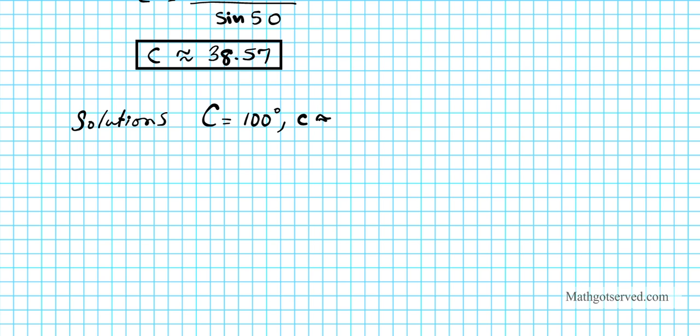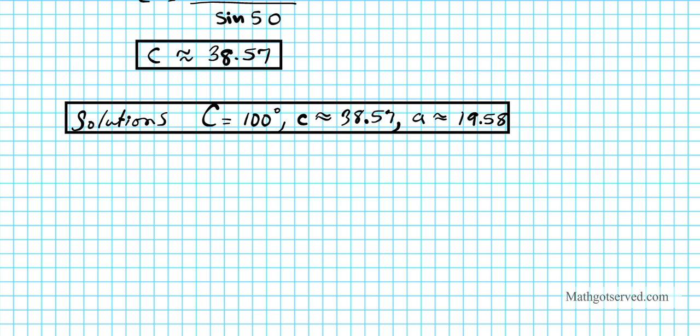Little c is approximately 38.57, and little a is approximately 19.58. All right, so there goes your answers. Let's move on to question number 2.